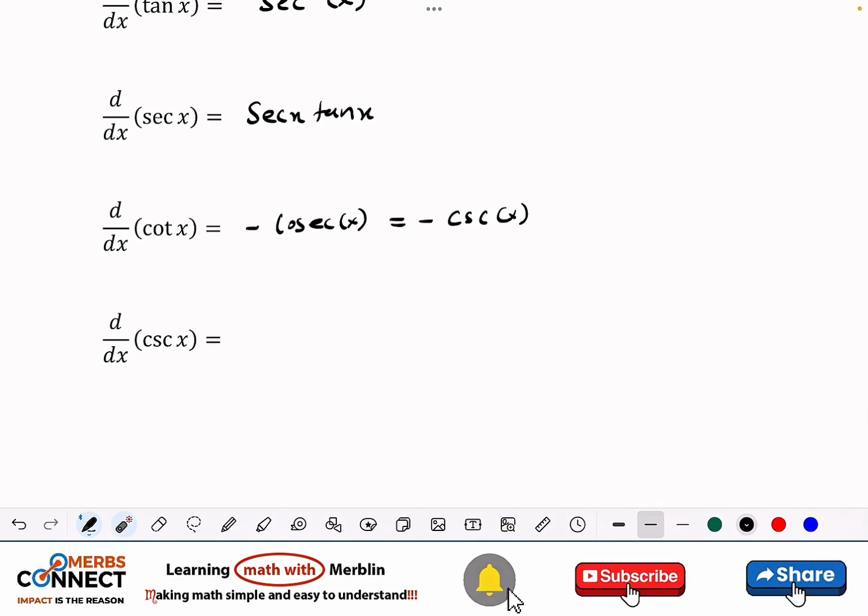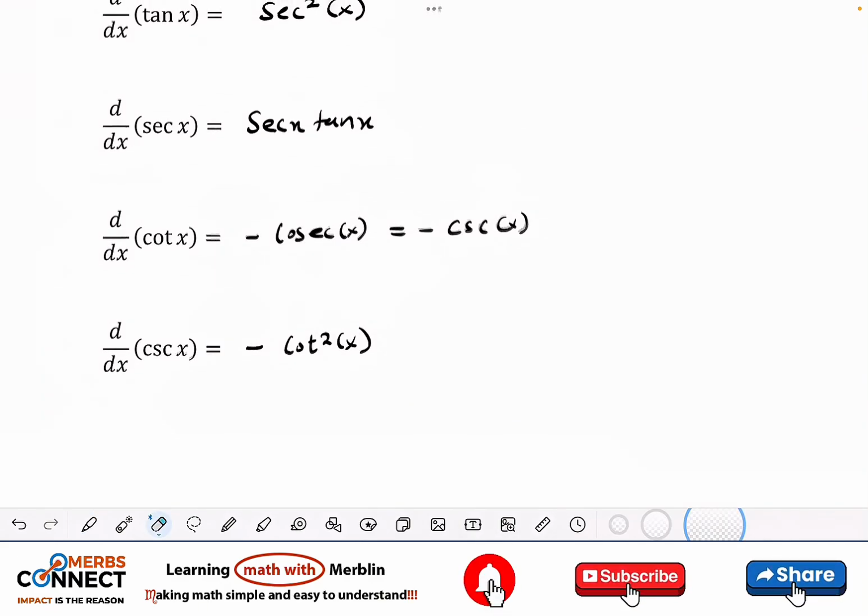And when I differentiate csc, which is the same as cosec, what should this one give us? Minus cotangent squared x? Is that right?